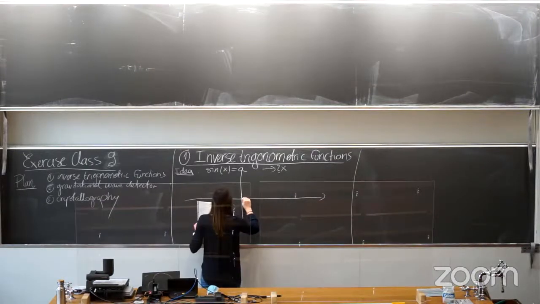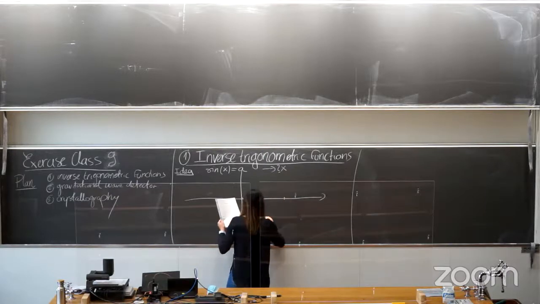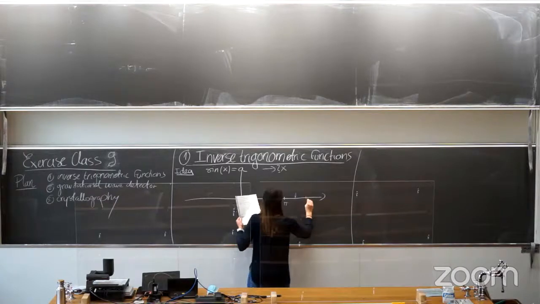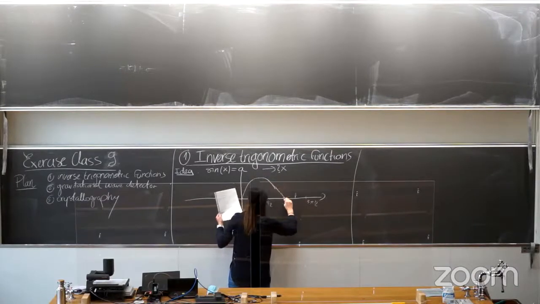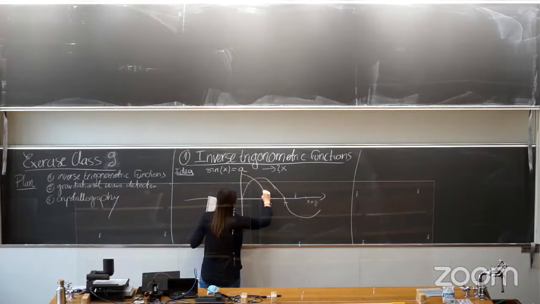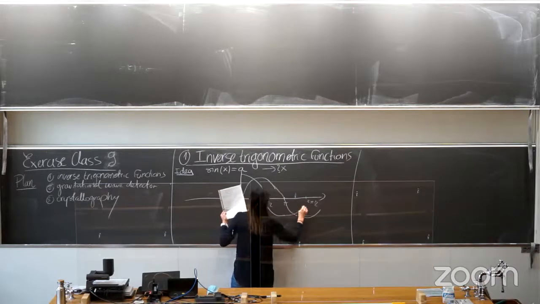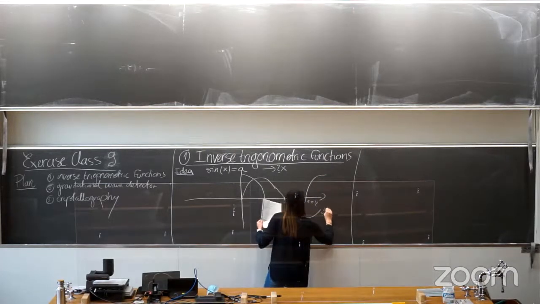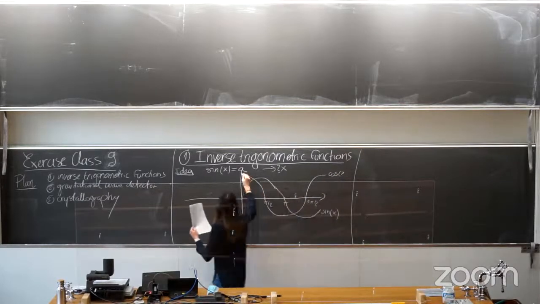Sin x, now I'm really focusing on how to draw it. So this is pi half, 3 pi half. This function goes like this, and this. Then cos x, so cosinus is shifted, like this. So this is sinus of x, cosinus of x.